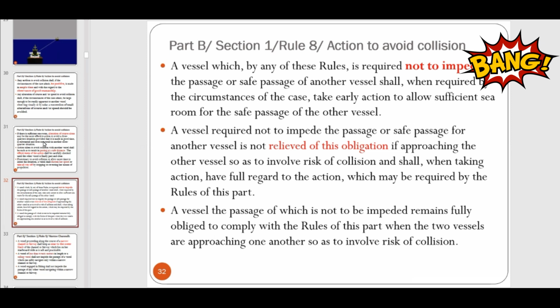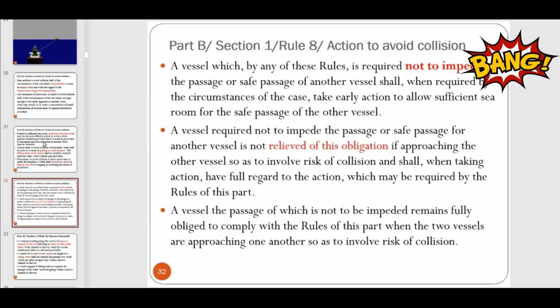Both the vessels' responsibility it is mentioning. The vessel whose passage is not to be impeded, and the vessel which is not supposed to impede the passage of the other. Both these vessels, it is their responsibility, their obligation to take such actions to avoid collision.